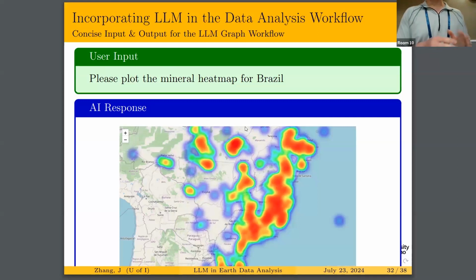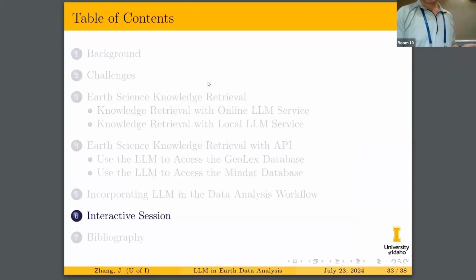And here, in addition to simply plotting the mineral information, we also make our workflow compatible for plotting the mineral locality records, and we can plot the heat map for the record. And I don't want to go too deep for this because these visualizations are what you are going to put your hands on and you can play with it.